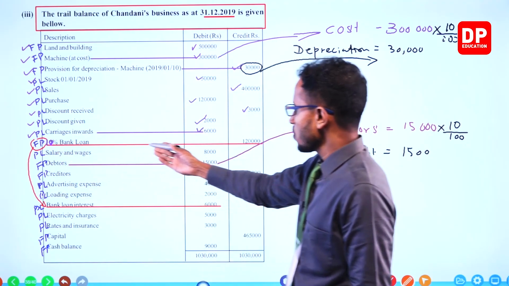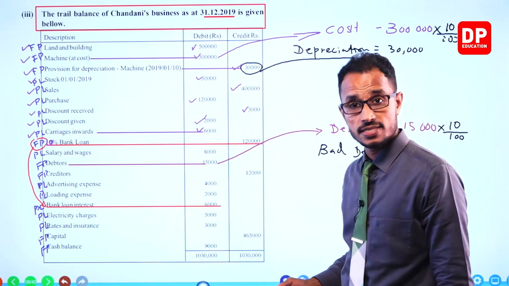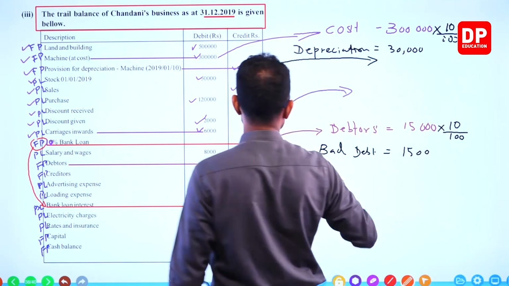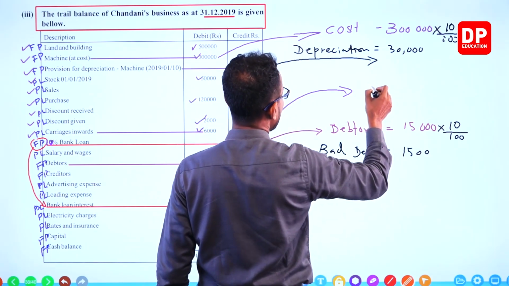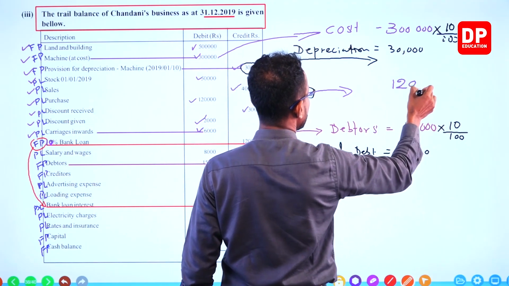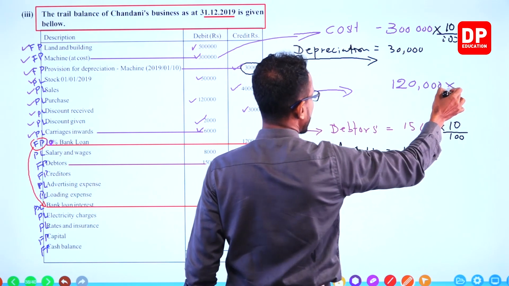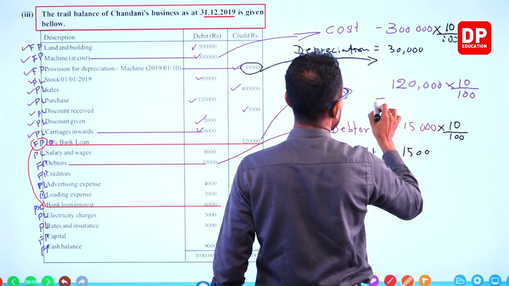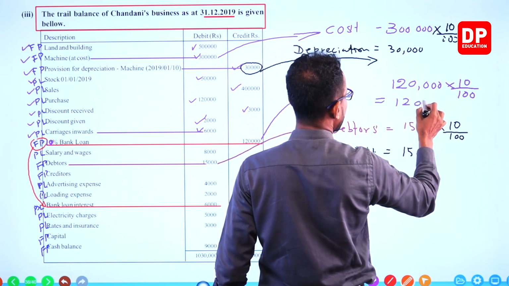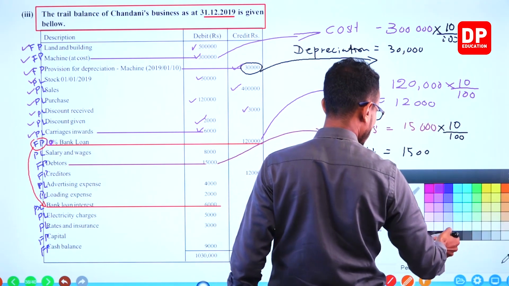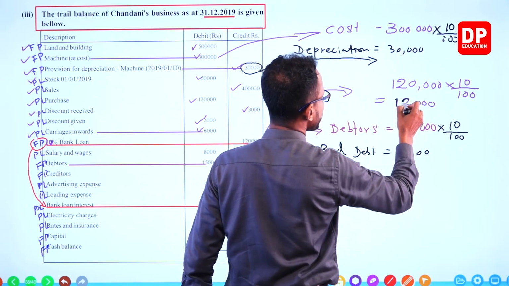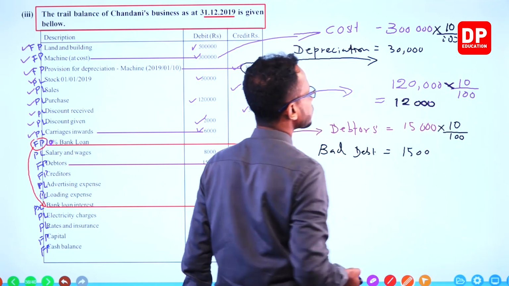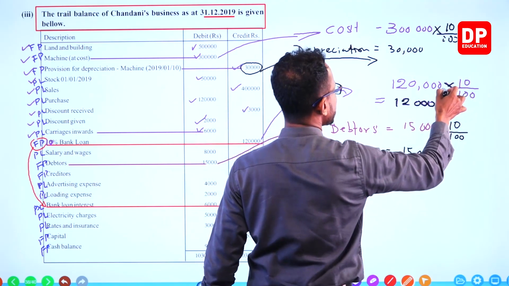What does this 10% mean, children? It means that from the bank loan of 120,000, you should calculate 10%, and the answer you get is 12,000. That is the interest.